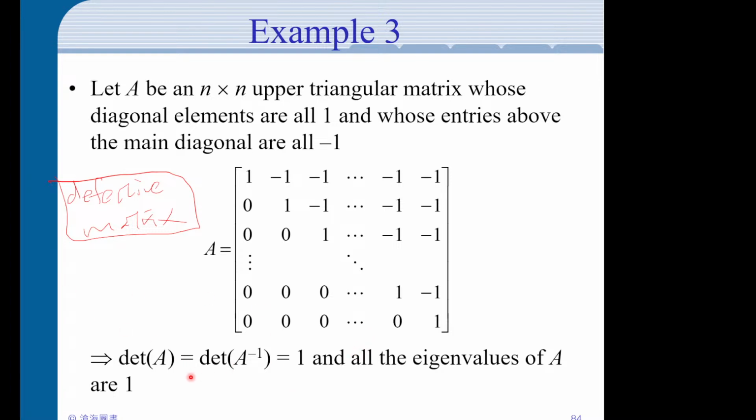And you can calculate the determinant of A, and the eigenvalues are all equal to 1. So it has n eigenvalues equal to 1, but I think you only have one eigenvector. So this is a very defective matrix.